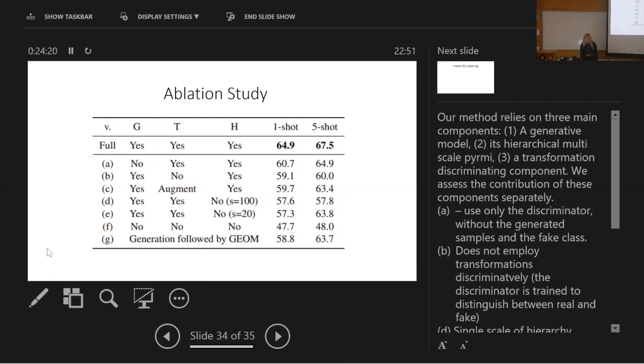As you can see here, if we remove any part of our model, we get lower performance. And I think the component that matters the most is the pyramid. If you use just one scale, without the multi-scale patch distribution, so we consider just a single patch size, the performance is the worst.